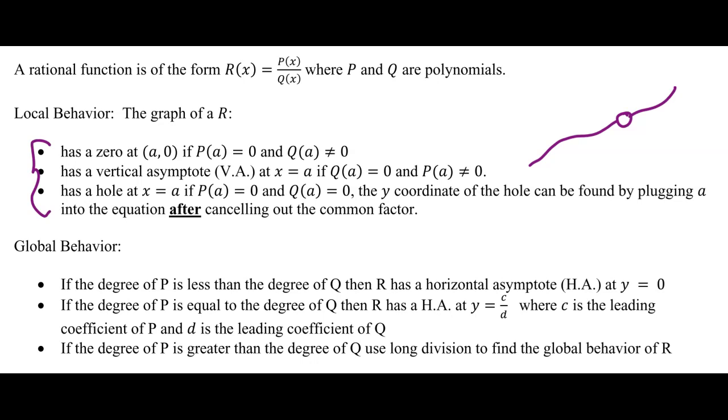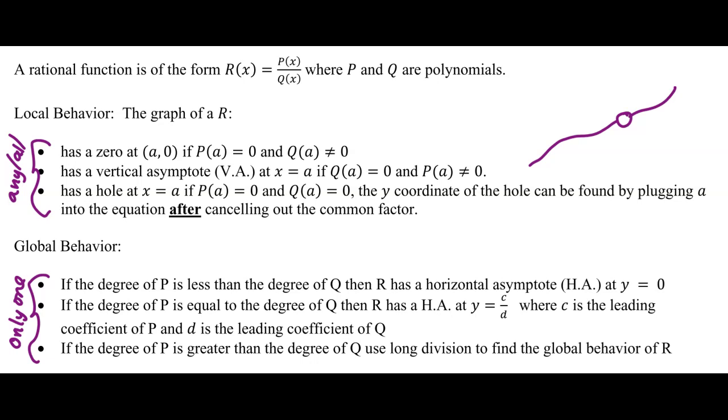For global behavior, it's going to be one of these things. This could be only one. So this will be based on potentially the degree of the numerator versus denominator. And if the degree is the same, then it will go into the leading coefficients of the numerator and the denominator.